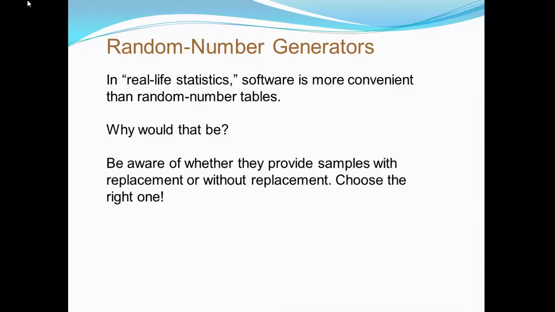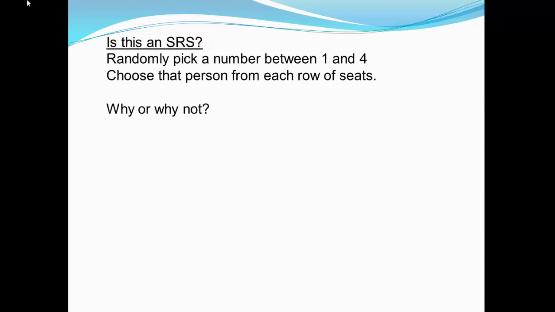Nevertheless, being able to read these tables is helpful for small samples, and it does help us to get an idea of what's involved. Let's think about going back to the idea of a simple random sample. We just talked about how one could be selected, in this case with a table of random digits. Let's think about another strategy. Suppose we have a student sitting in a classroom, and maybe we have, let's say, 5 rows of desks or chairs, and what we do is we randomly pick a number between 1 and 4, and suppose that turns out to be a 2.